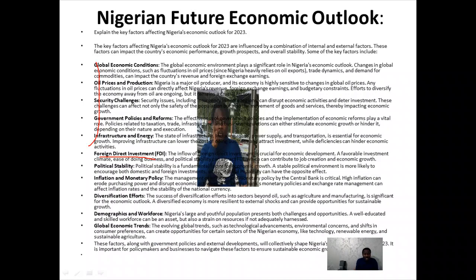But there are other areas where we can perform better, and you can marshal some aspects of global economic trend, because when it comes to services, Nigeria is doing better. When it comes to exportation of human power, Nigeria is doing fantastically well all over the world. So the outlook is both positive and negative, and if you are able to pull it together like that, you will score genuine marks, because that means you are critically reviewing the economic future of Nigeria.